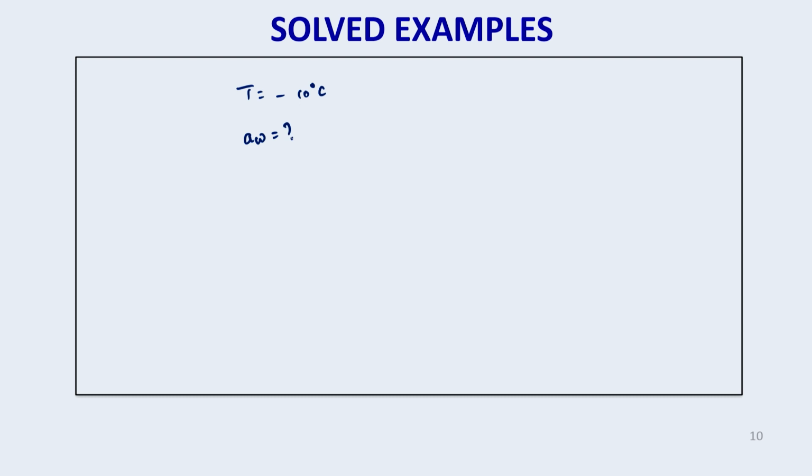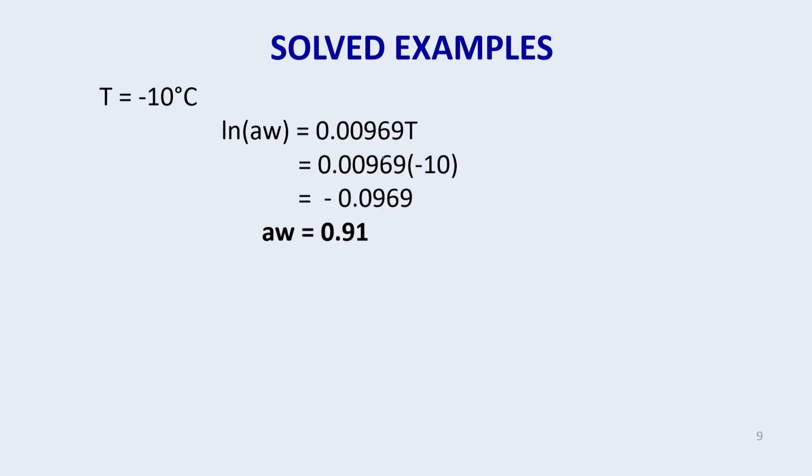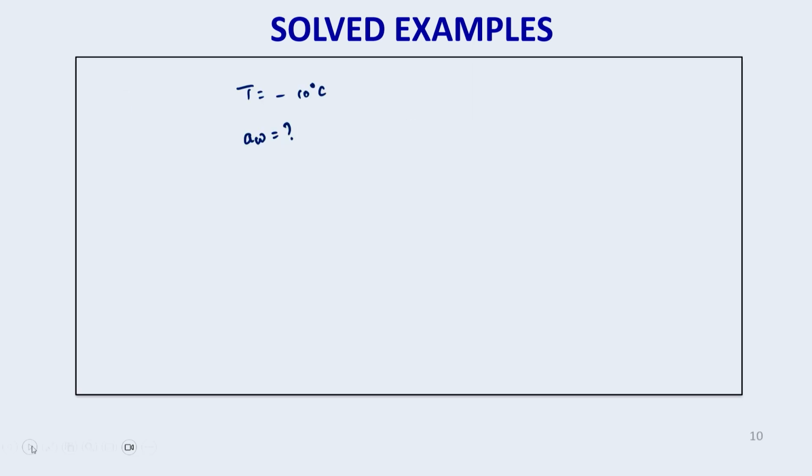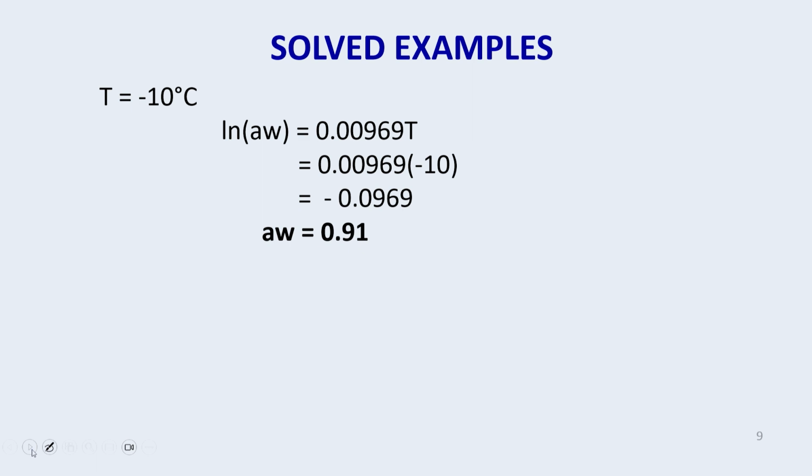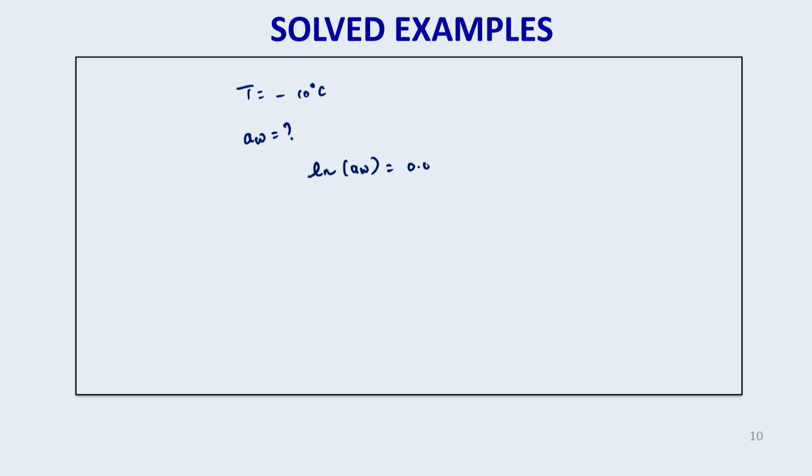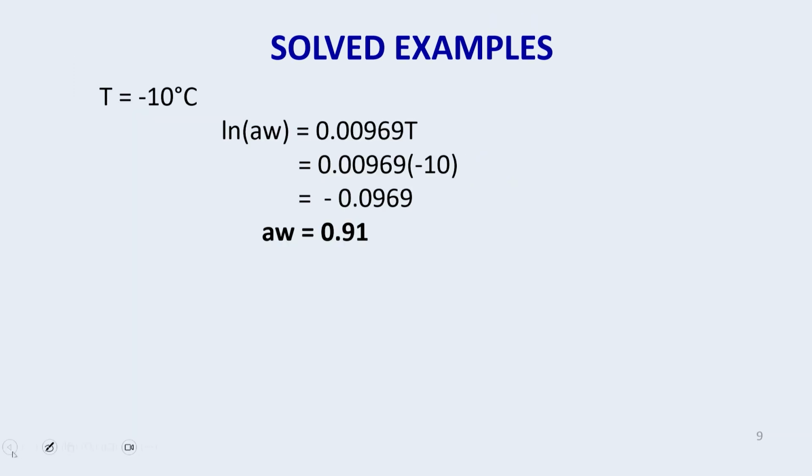There is an empirical relation which I will be using to solve this question. ln of AW is equal to 0.00969 into temperature. So substitute the temperature, which is given: 0.00969 into minus 10.